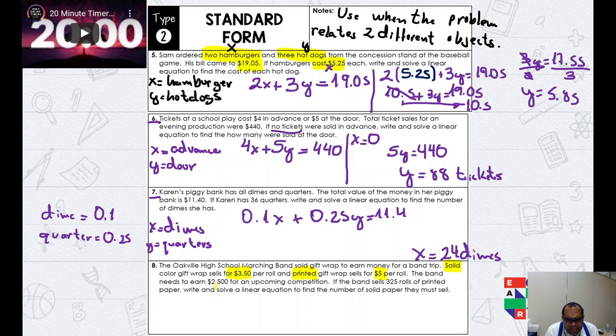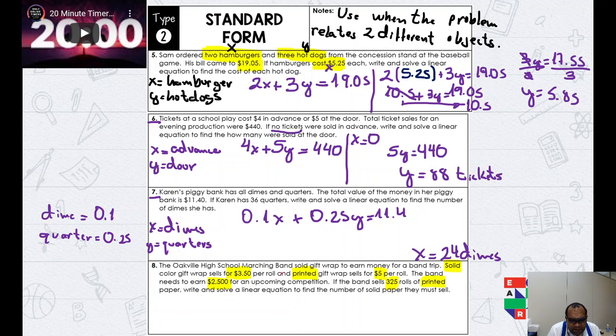The band needs to earn 2,500 for the upcoming competition. If the band sells 325 of printed, guys, attention over here, printed paper, write and solve the linear equation, the number of solid paper they must sell.